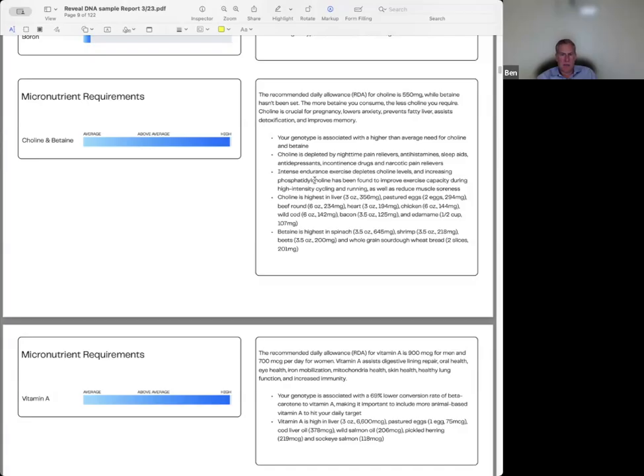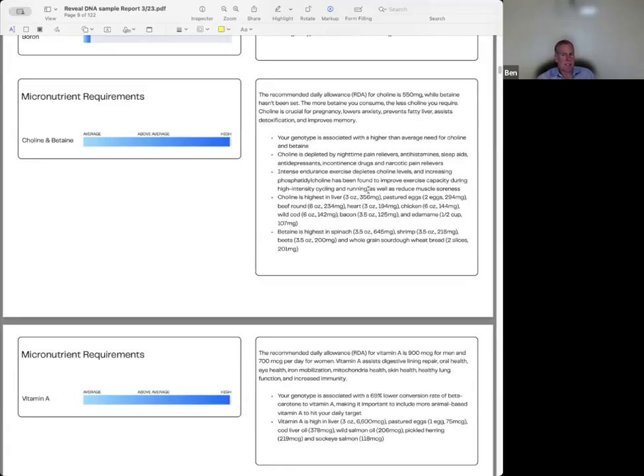You know, increasing phosphatidylcholine is found to improve exercise capacity during high intensity cycling, running, as well as reducing muscle soreness. So let me tell you something. When you see this somewhere in the test where it says cycling and running, you go, well, geez, that's very specific.